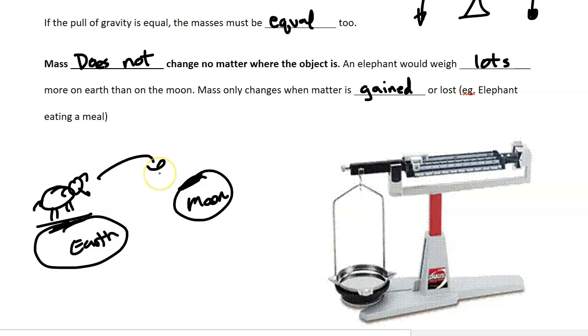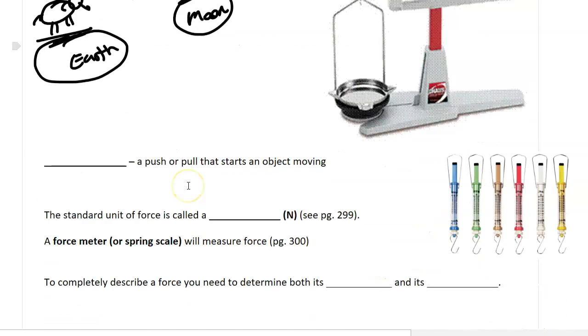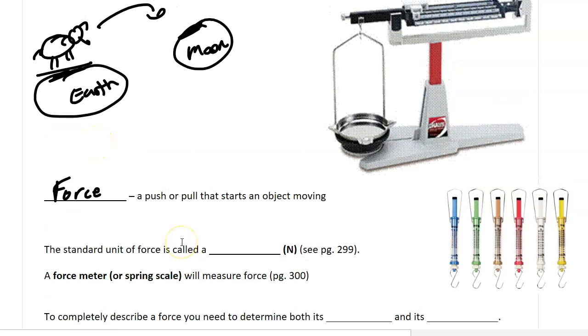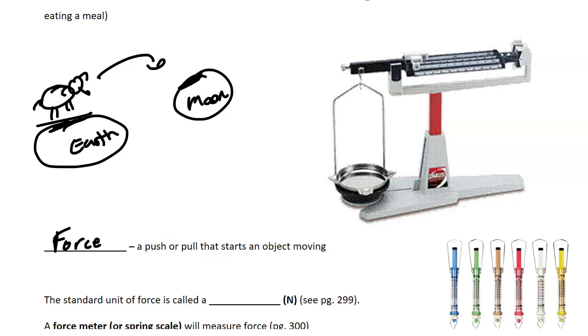And the reason for that is because of force. Force is simply the push or pull acting on the object. So if on Earth there is a push of gravity going down, and on the moon there is less gravity, you'll have less push downwards and therefore less weight.